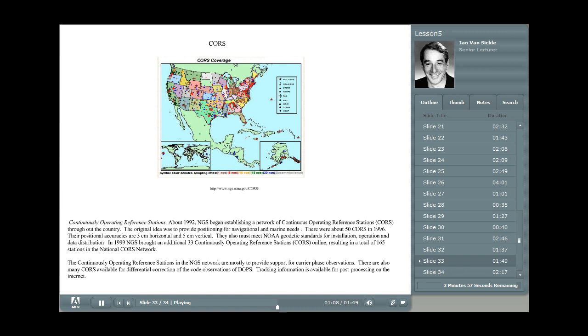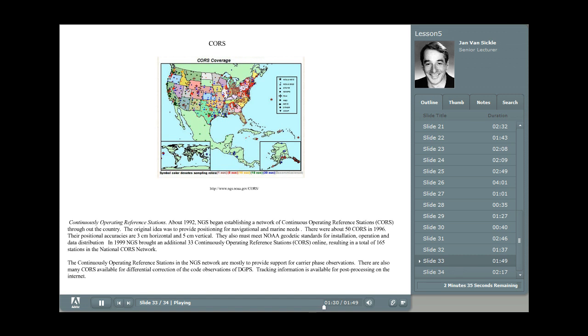There's at least 165 stations in the National CORS network. And these stations provide base stations against which one can do differential GPS without having your own dedicated base station.